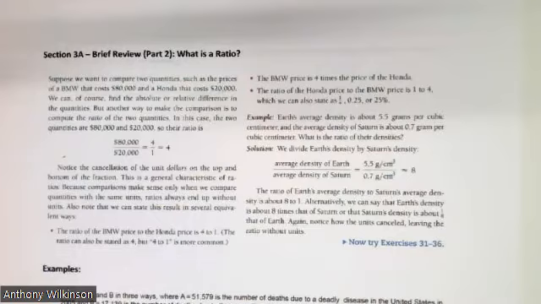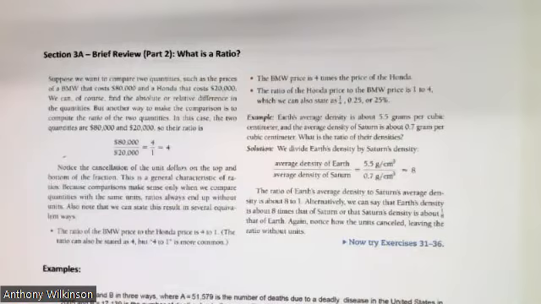Now, suppose we want to compare two quantities, such as the prices of a BMW that costs $80,000 and a Honda that costs $20,000. We can, of course, find the absolute or relative difference in the quantities, but another way to make the comparison is to compute the ratio of the two quantities. In this case, the two quantities are $80,000 and $20,000.